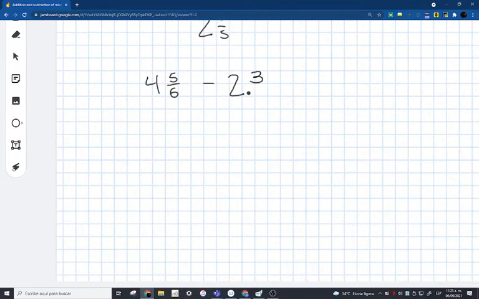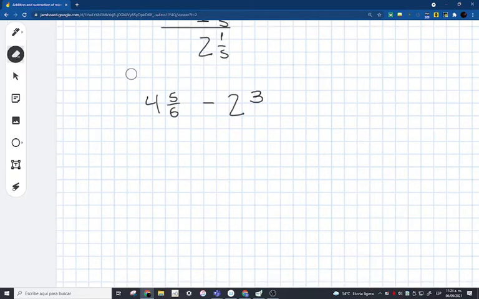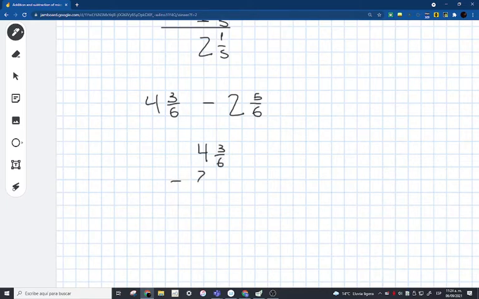Ah, no, that's not the example that I wanted to show you. Let me erase a little bit. So, 4 and 3/6 minus 2 and 5/6. Okay, the same, we write it one over the other. 4 and 3/6 minus 2 and 5/6.